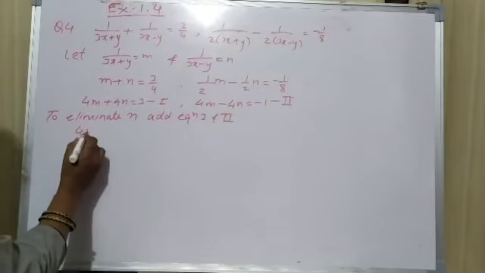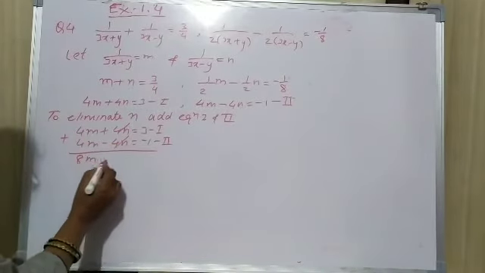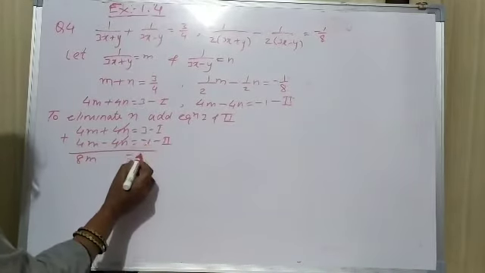So 4m plus 4n is equal to 3, equation number 1. 4m minus 4n is equal to minus 1, equation number 2. We are going to add this, so this will get cancelled. 4m plus 4m, 8m. That side 3 minus 1, 2. So m is equal to 2 upon 8, that is 1 by 4.